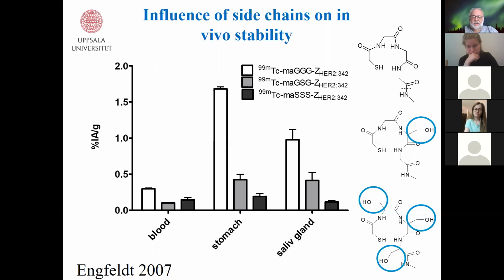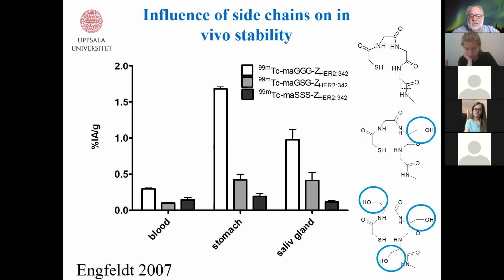And in our blood are plenty of proteins which carry free cysteines, unpaired cysteines. So instability is often manifested in elevated blood activity, which is no good, of course, because the blood is everywhere. It contributes to background during imaging, and it reduces contrast, tumor to non-tumor ratio.